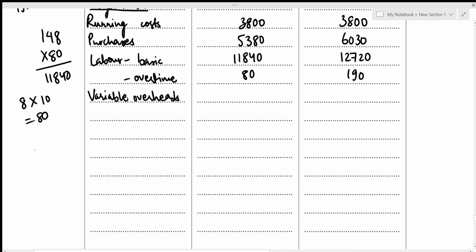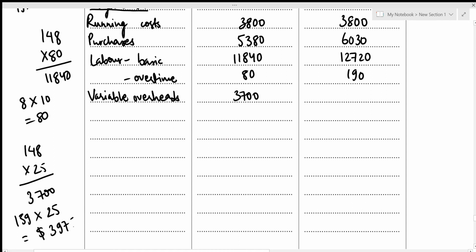For the month of March, that's 148 times 25, which gives the total variable overheads to be 3,700. Then for the month of April, the total units is 159 times the variable overhead rate of 25, which gives our total variable overheads for the month of April to be 3,975.